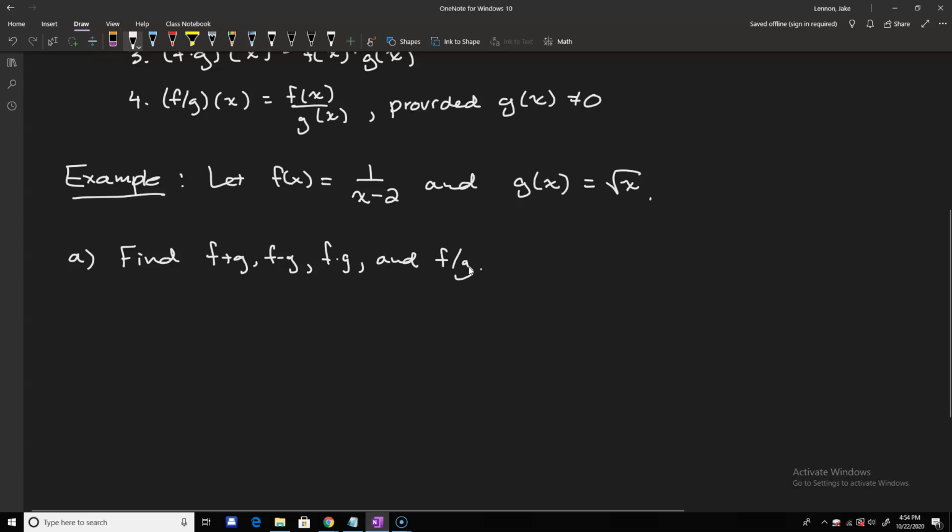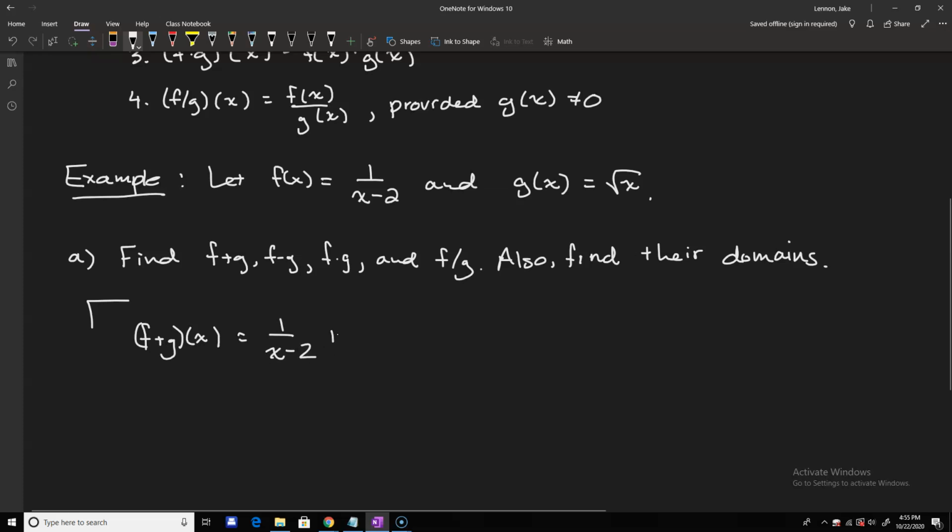We're just looking for the formulas of those four functions. Why don't we, while we're at it, also find the domains. So f plus g of x is found by just adding their formulas together: 1 over x minus 2 plus the square root of x.